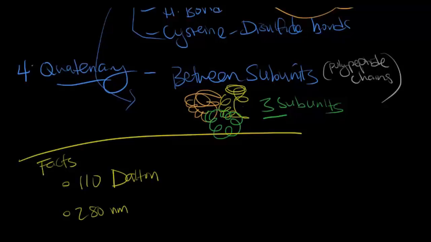This is nanometers. Okay, facts about proteins. In the next video, we'll talk about the different methods that we can use to purify proteins, as well as a few of the experiments that are in our packet.